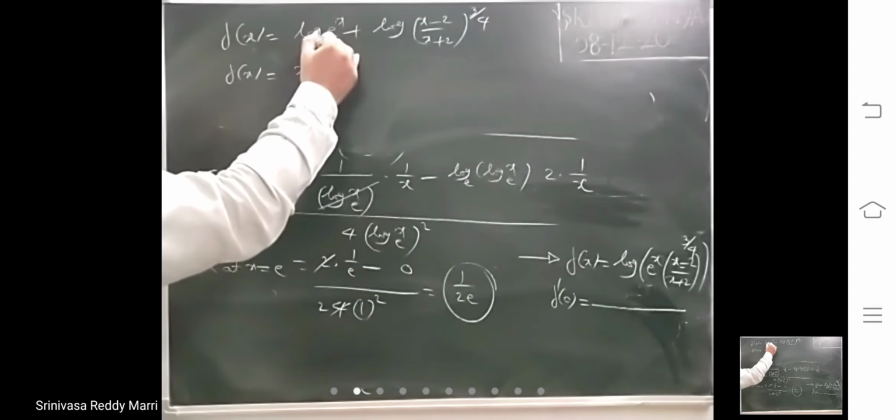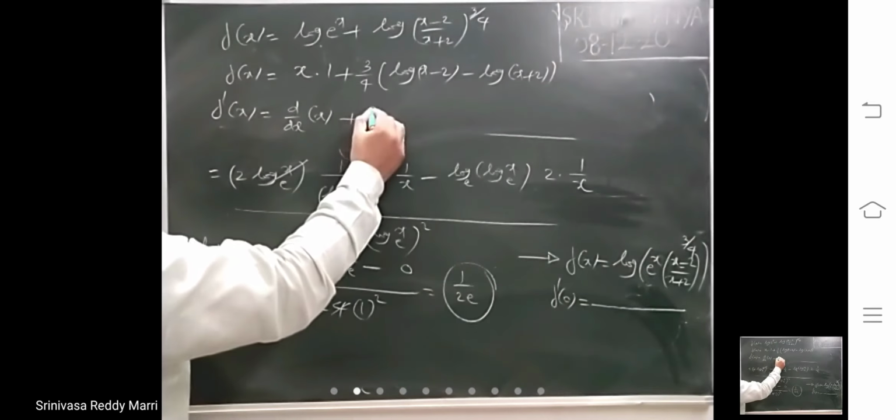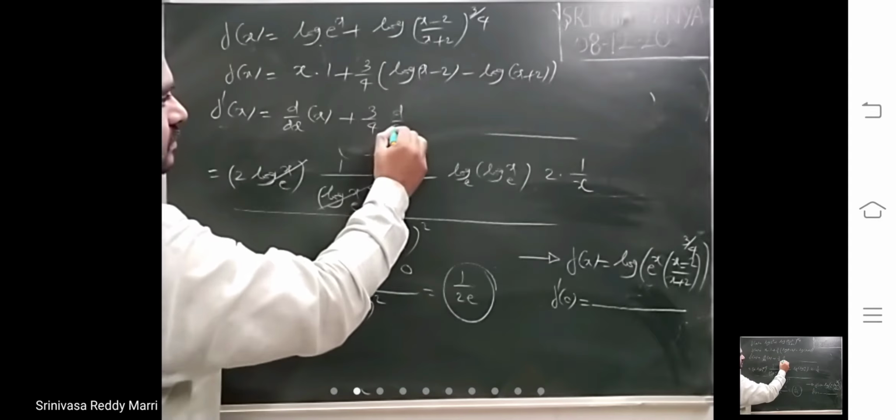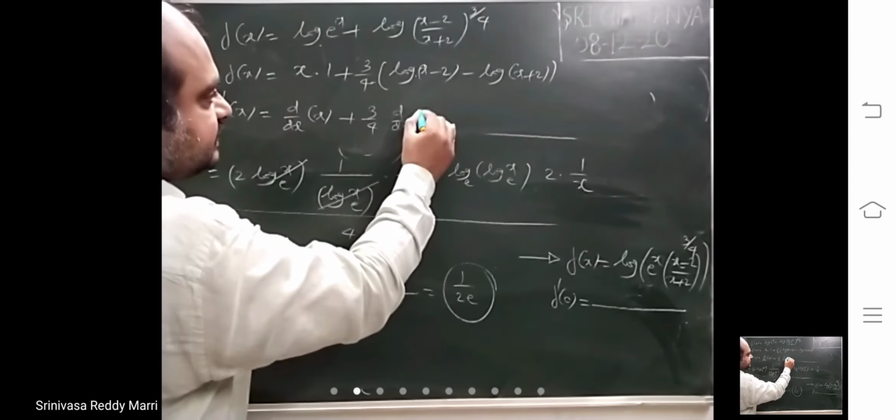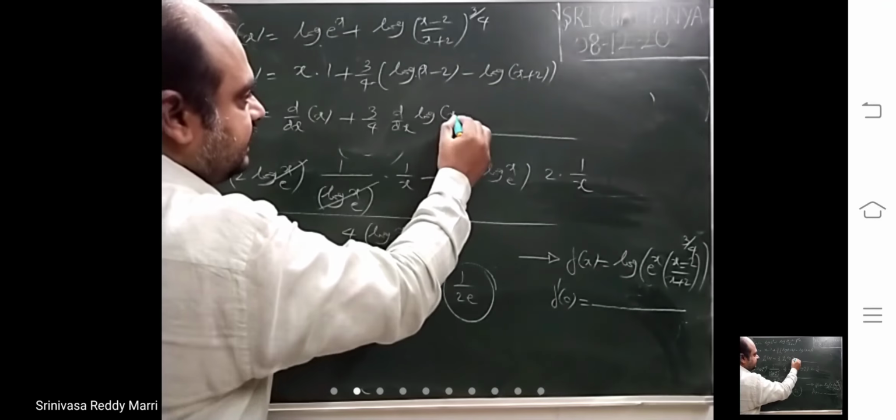Yes. So simplify. f dash x is nothing but d by dx of this. Constant outside.